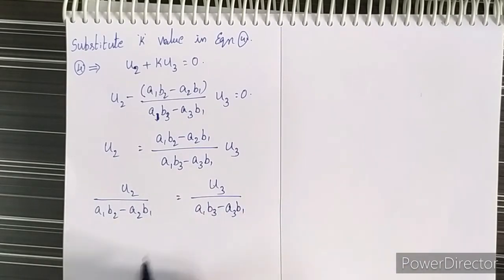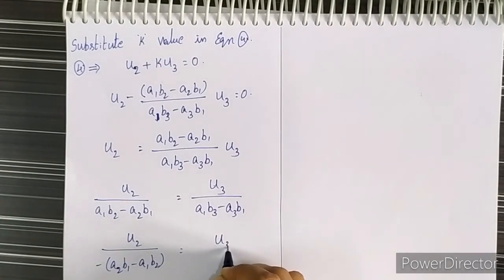Then here we take minus as common for the given solution: u2 by minus of (a2 b1 minus a1 b2) is equal to u3 by also minus of (a3 b1 minus a1 b3).